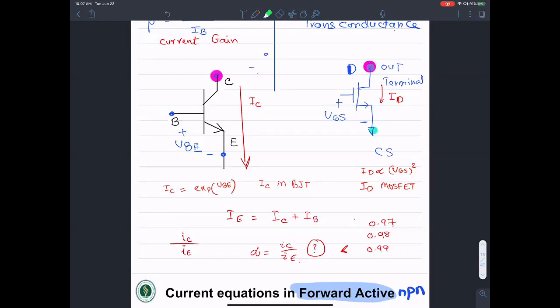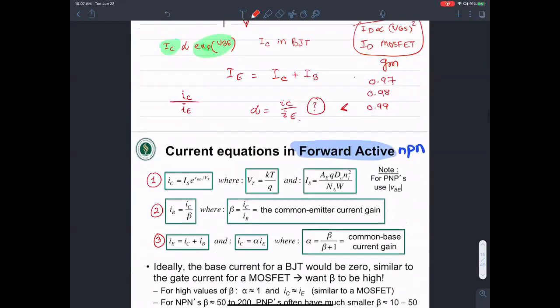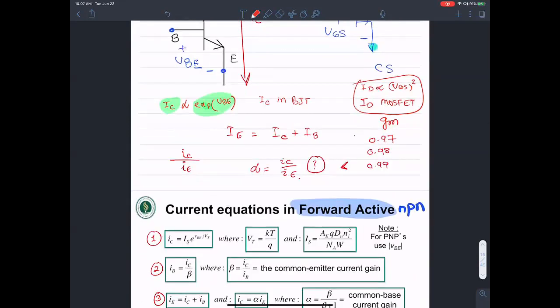So the gain is typically larger. The current gain is typically larger in BJTs compared to beta, compared to gm. That's owing to the fact that the relationship here is exponential. The output current has an exponential dependence on the voltage.